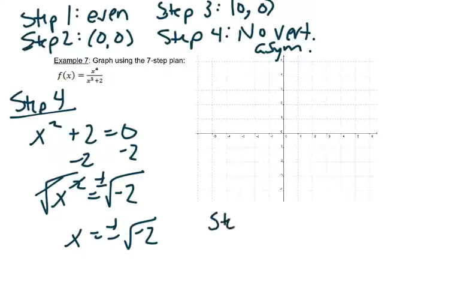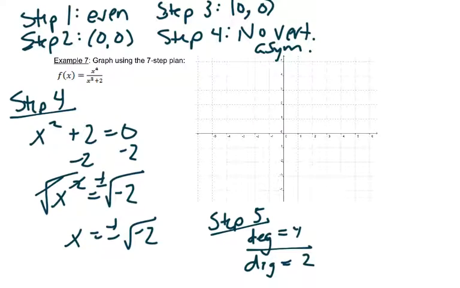Look at step 5 with the horizontal asymptote. Remember, that's about the degrees. The degree on the top is 4, and the degree on the bottom is 2. And if the degree on the top is bigger than the degree on the bottom, there's no horizontal asymptote.